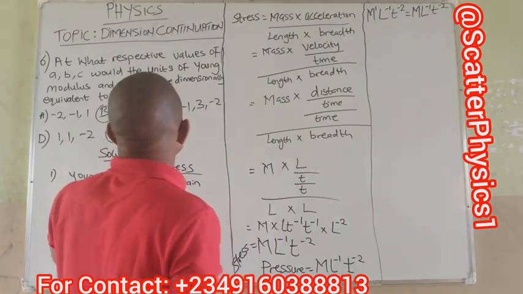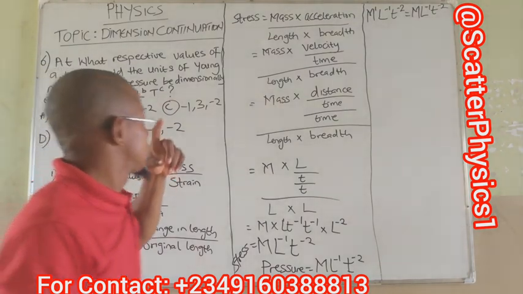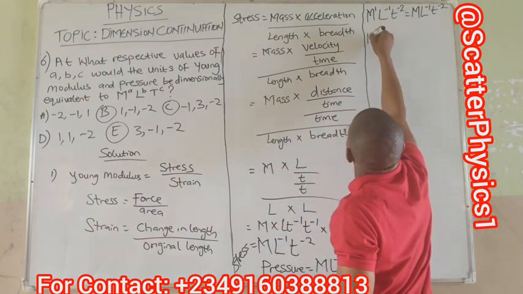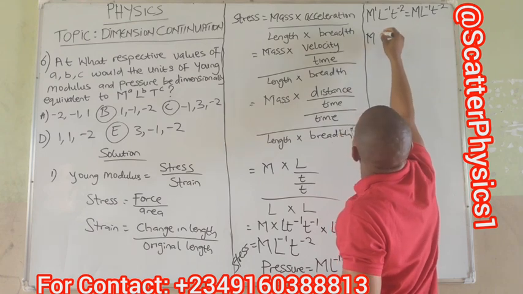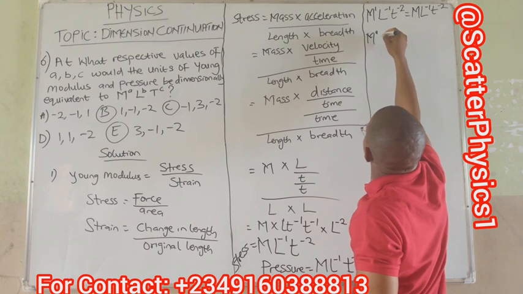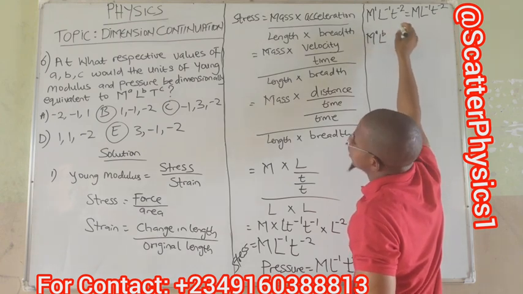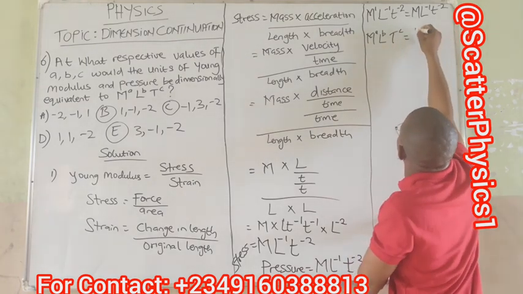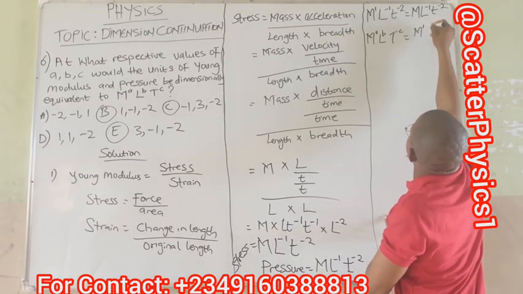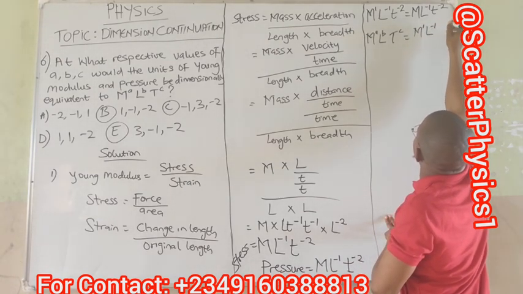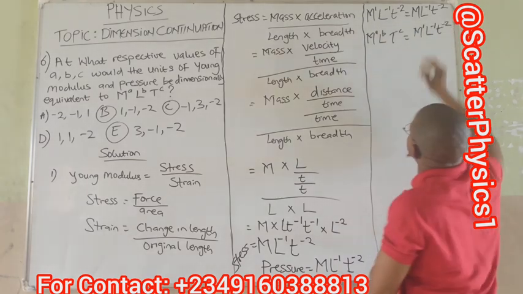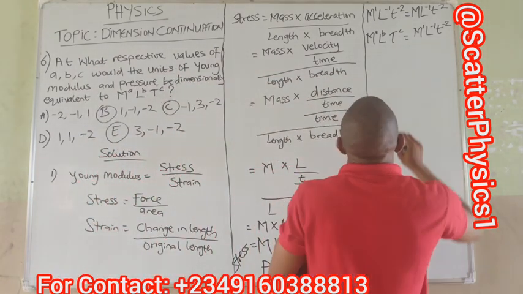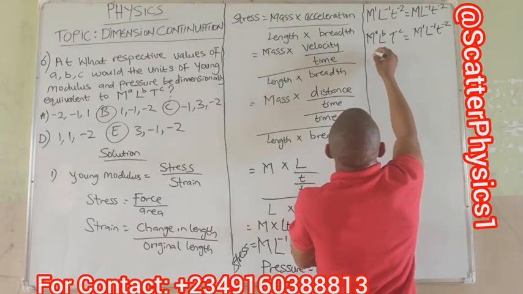Then, going to what we have on the board, we say that M raised to the power A, L raised to the power B, and T raised to the power C is equal to M raised to the power 1, L raised to the power minus 1, T raised to the power minus 2. Applying the indices method, we equate.